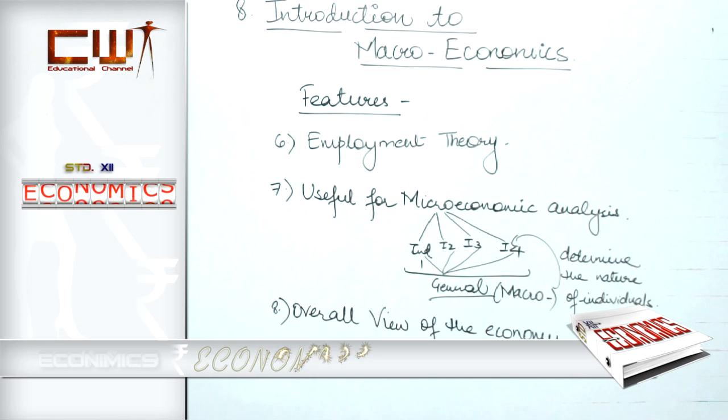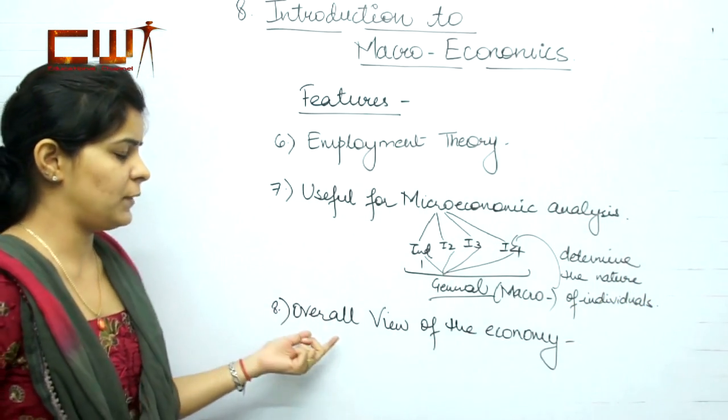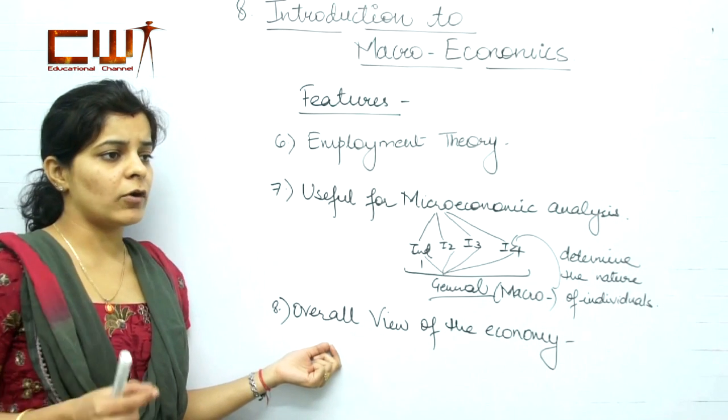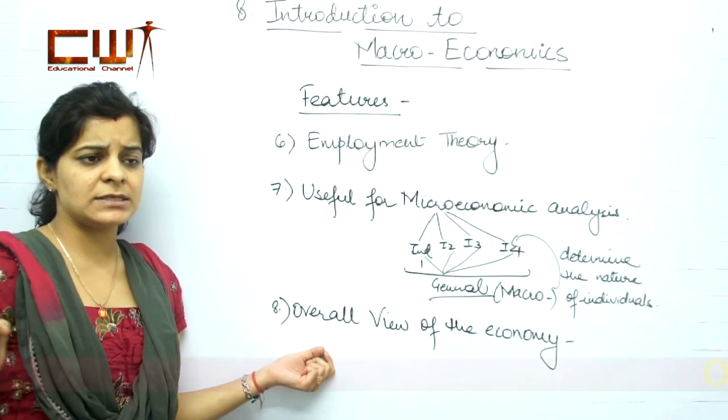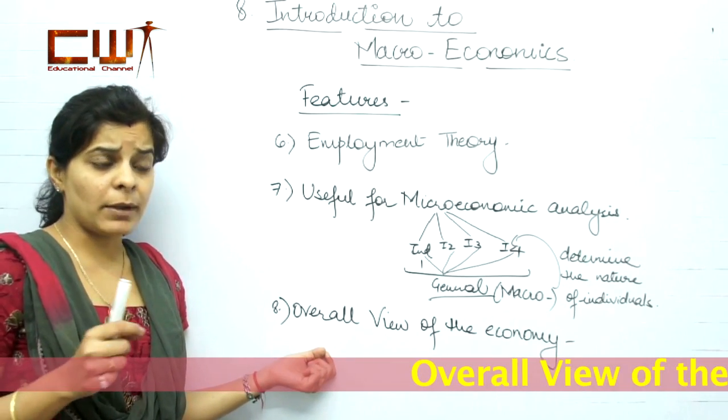So it is not only the individual factors, but it also helps in general policy formulation and implementation. It helps every part of the economy, right from overall production to consumption, savings, investment, employment, everything.